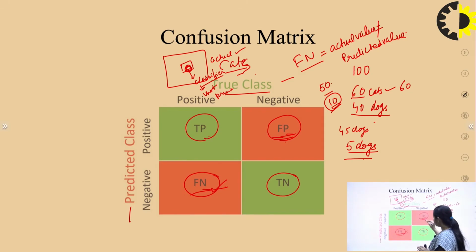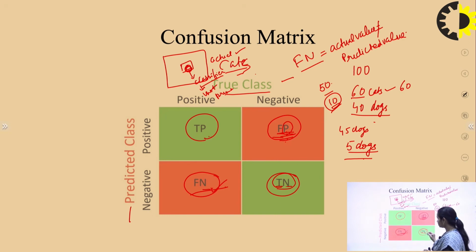For the true class, the value is positive. But the predictor is saying it is not present. So tell me, where will it lie? Whether it will lie in true negative or it will lie in false positive. Either this or this.